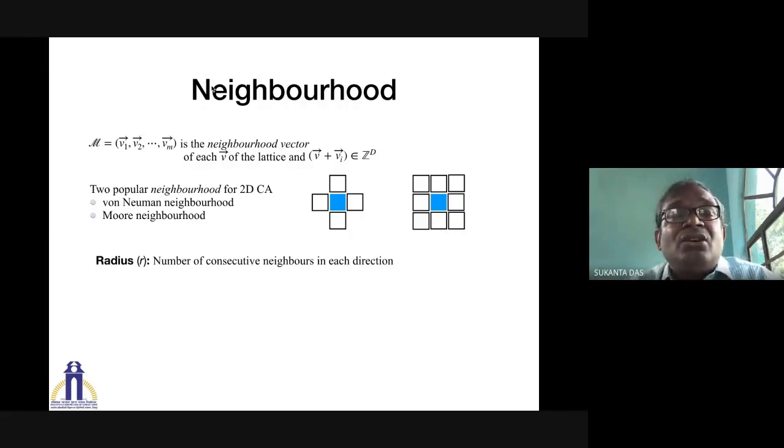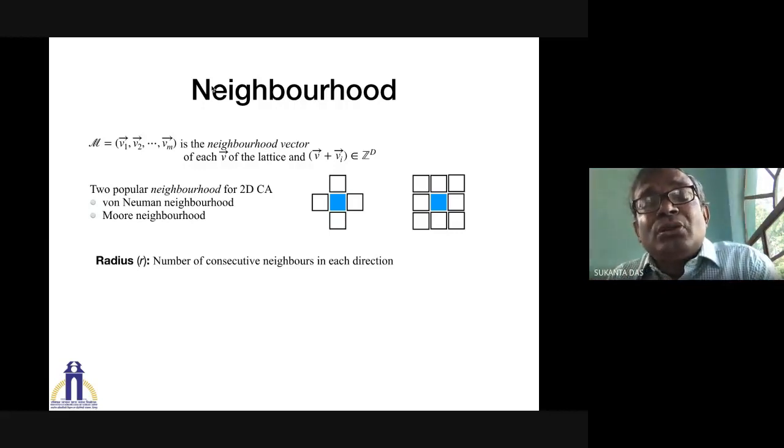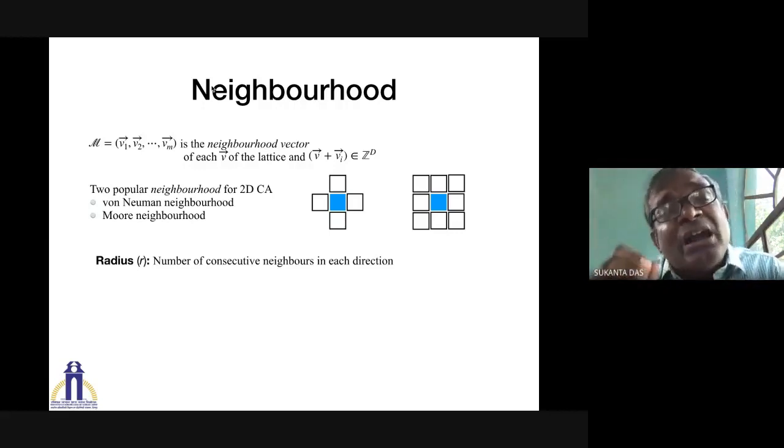Apart from stating the neighbors of a cell through a neighborhood vector, sometimes we specify neighbors by radius. In both the von Neumann and Moore neighborhoods, the neighbors are always consecutive cells, which is our general understanding of neighbor: nearby cells.